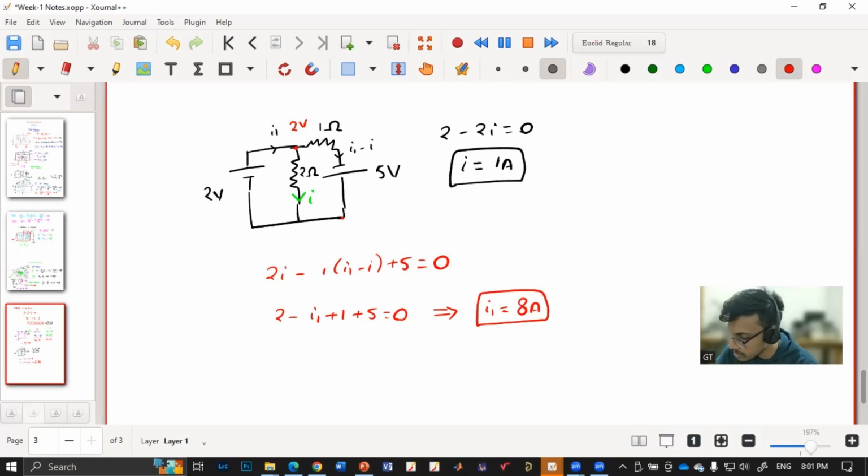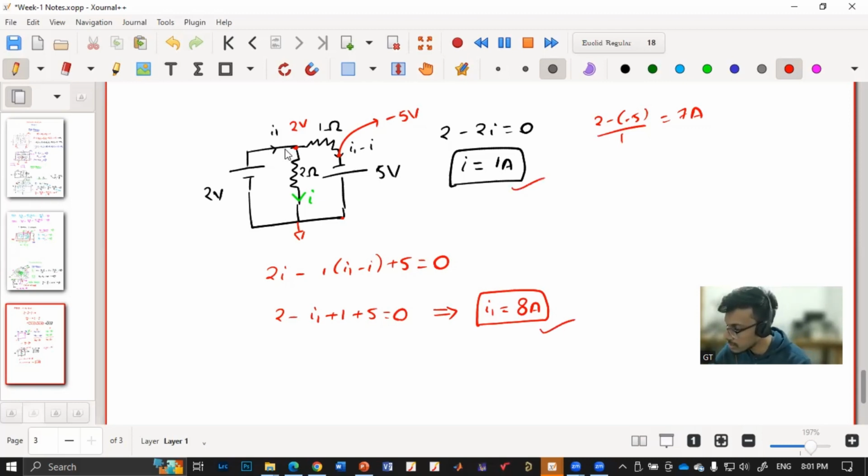And say I have considered this ground. This terminal will be minus 5 volt. So current in 1 ohm is 2 minus 5 by 1, which is 7 ampere. And it is exactly matching whatever we got, because I1 minus I is 7 ampere. So I have just cross-checked the calculations. I is 1 ampere and I1 is 8 ampere.